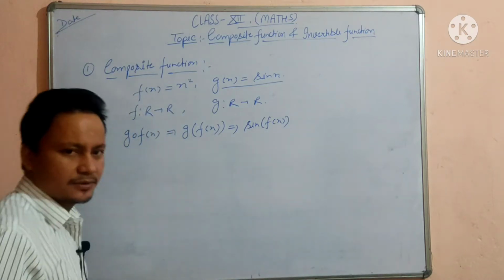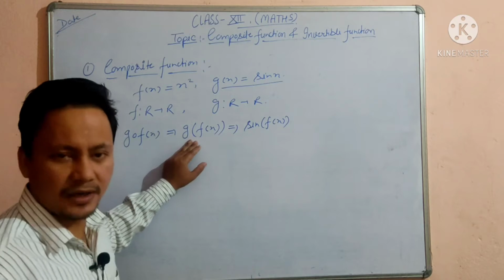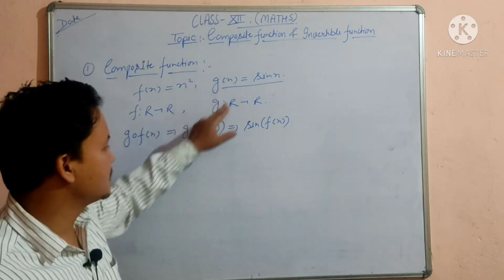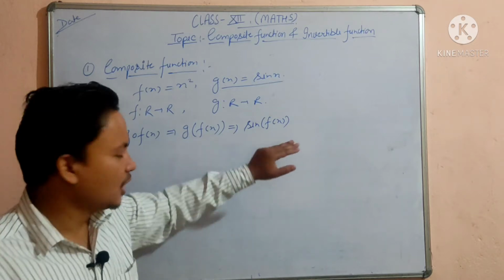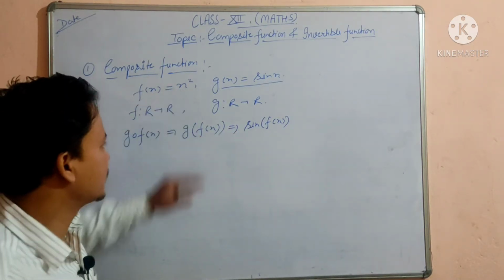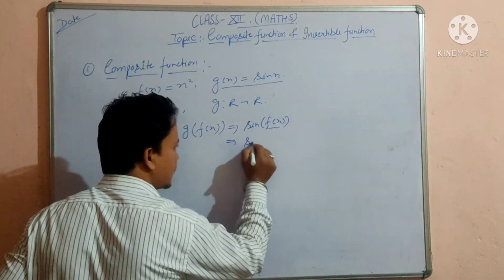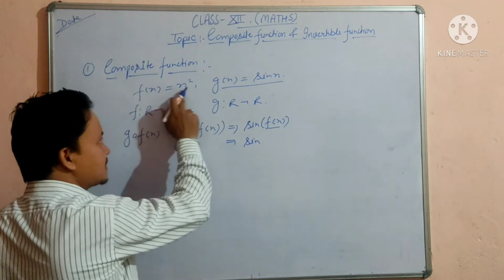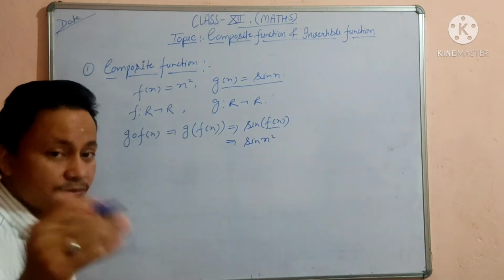There should be no doubt. g(x) is given as sin x. Now we are interested in finding g(f(x)), so we replace this x with f(x), and we get sin f(x). Now, what is the value of f(x)? f(x) is x square, so this will be sin x square. So what did you see here?